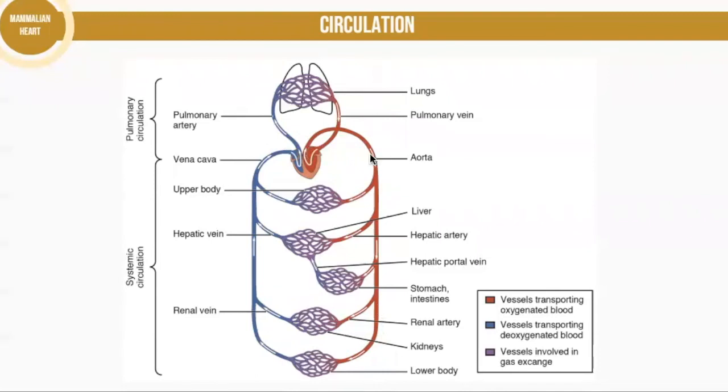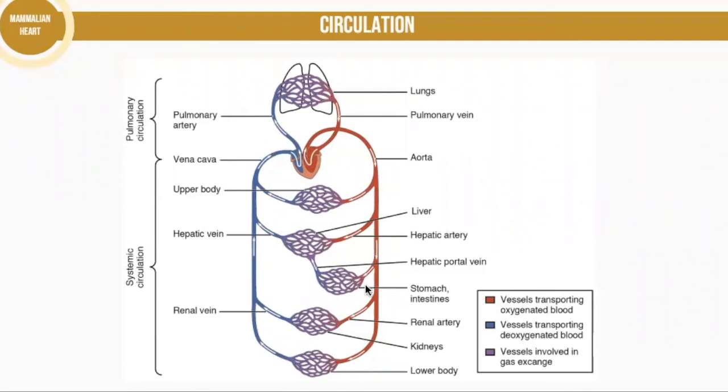Generally, the pattern is that oxygenated blood will be pumped into specific areas of the body, and via capillary exchange the oxygen will be delivered to the tissue or organ. After that, the blood is effectively deoxygenated and will be brought back to the heart to be pumped again into the pulmonary circuit.